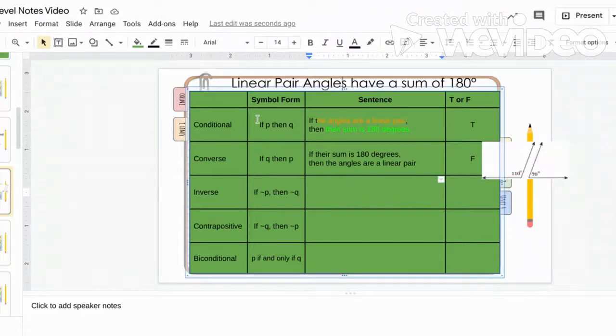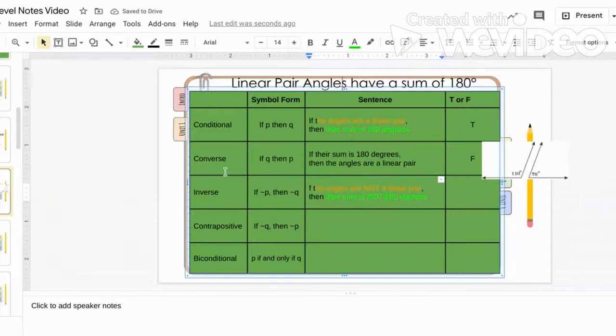Okay, the inverse statement is the conditional statement, but we add the word not. That's what that tilde means. So we can take the original statement up here. If the angles are a linear pair, then their sum is 180 degrees. And we can say if the angles are not a linear pair, then their sum is not 180 degrees.